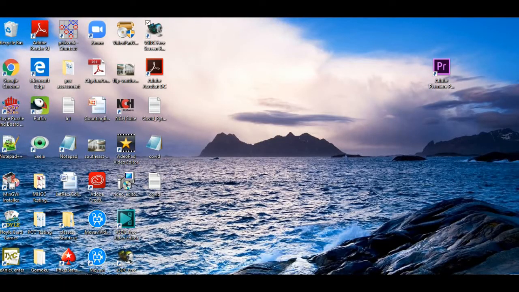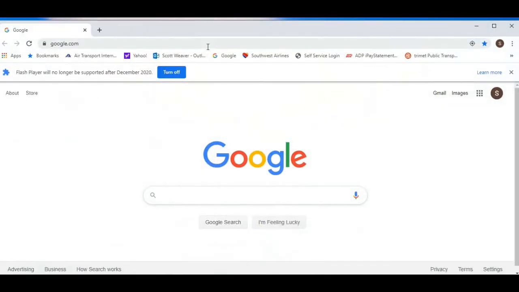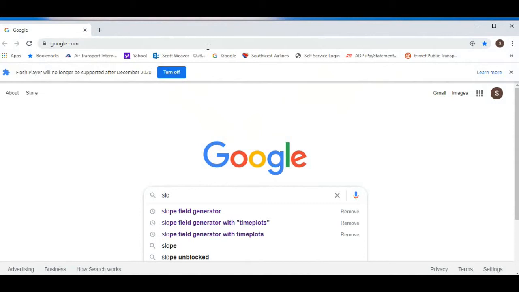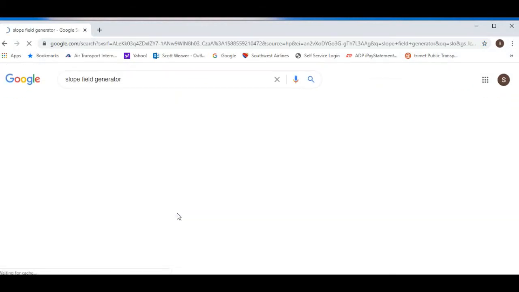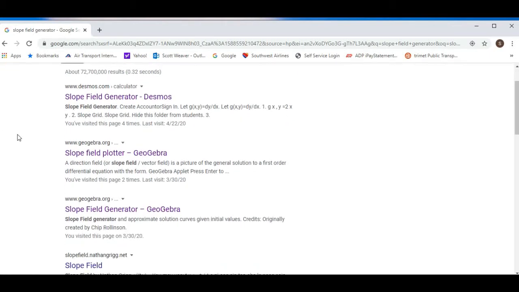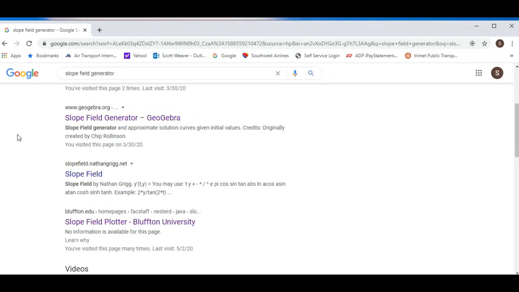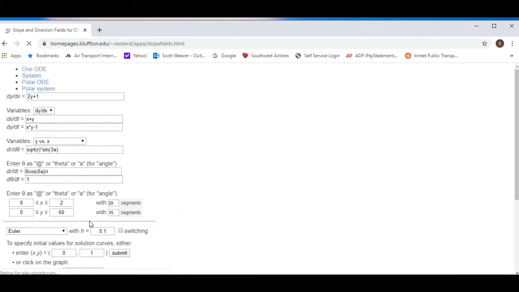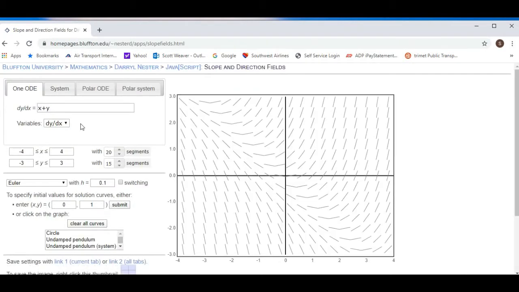Okay, so in order to take a look at the system of differential equations in question, you just go with what is by now probably a well-trodden path of looking up slope field generators and just scrolling down till you get to the one from Bluffton University.